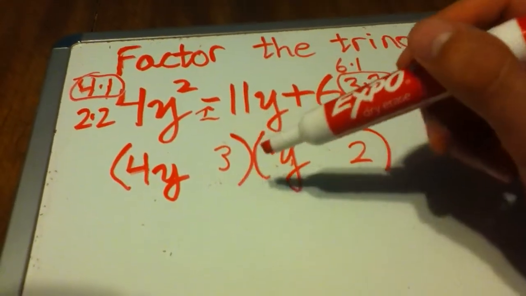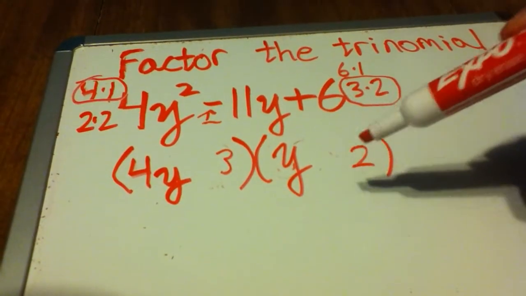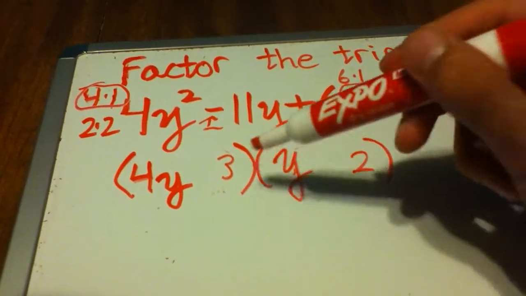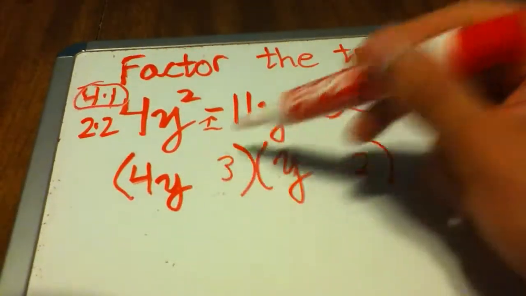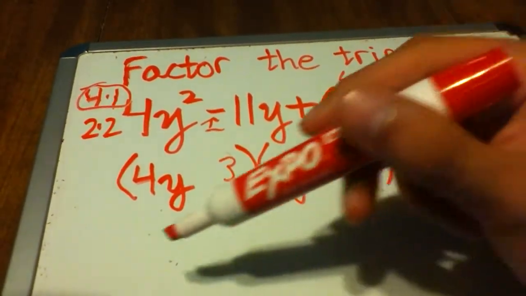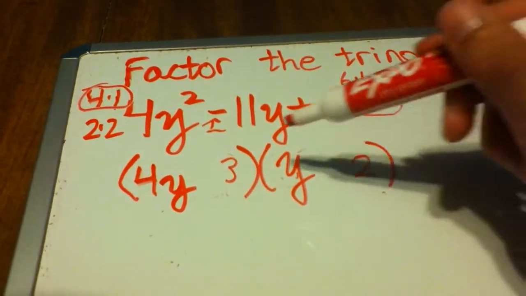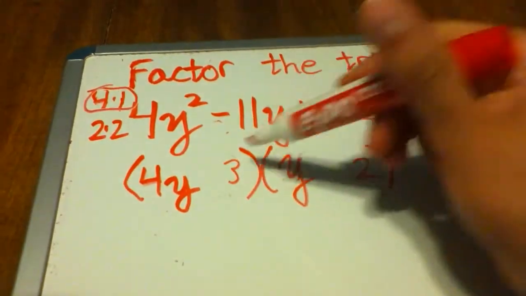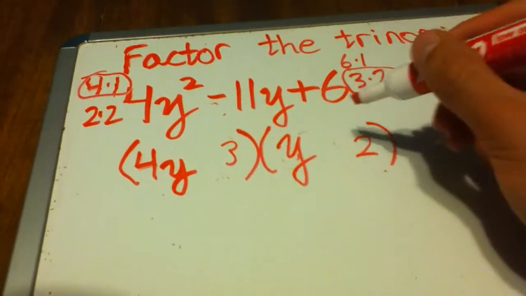So for instance, this 4 times a 2 would give me an 8y, right? Now 8y is bigger than the 3 times the y, the 3y. My 8y is bigger than my 3y. So that means I'm going to want my bigger resultant, the 4y times 2, to be the same sign as my middle term. And this just happens to be negative. It's a negative 11. So I want that combination to be a negative.